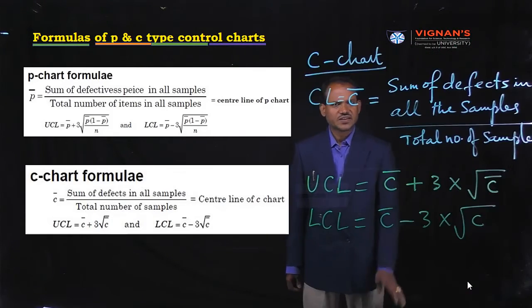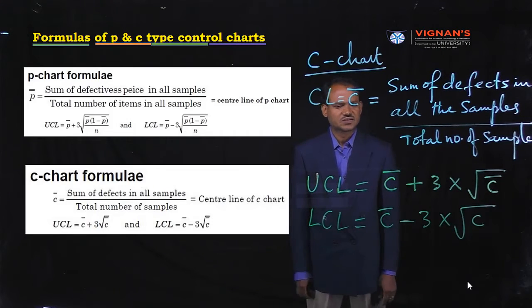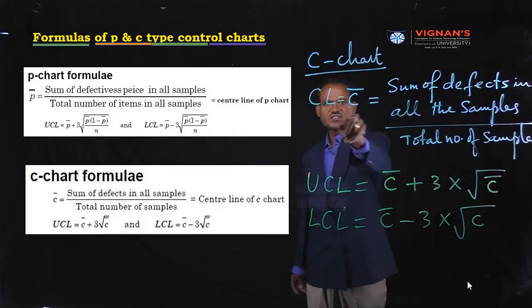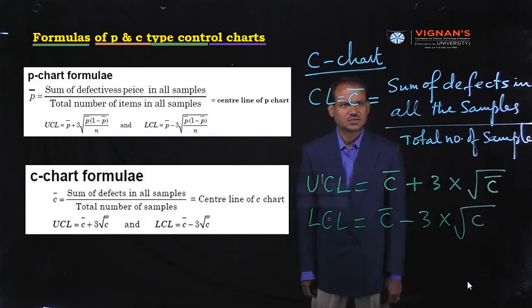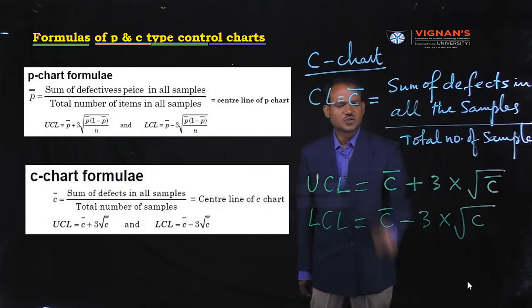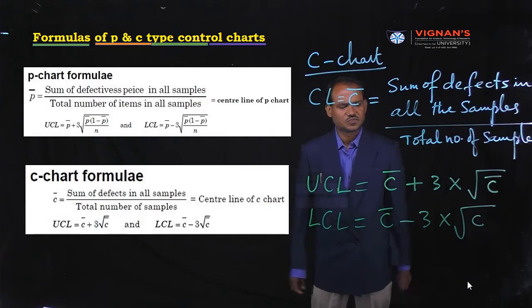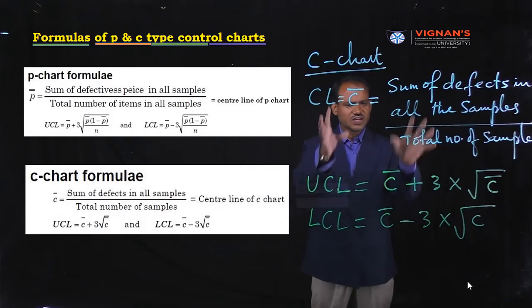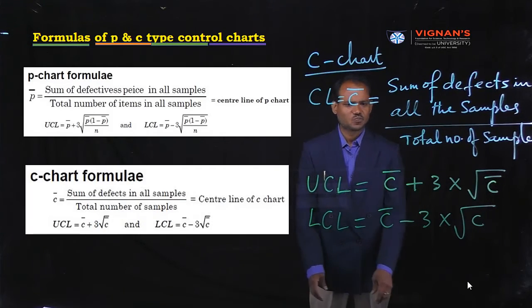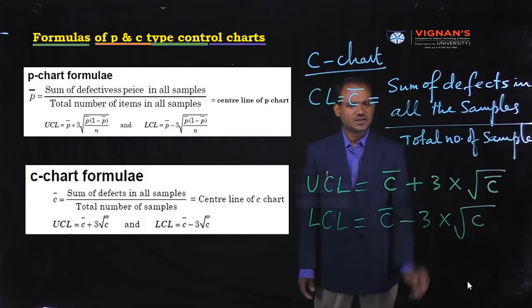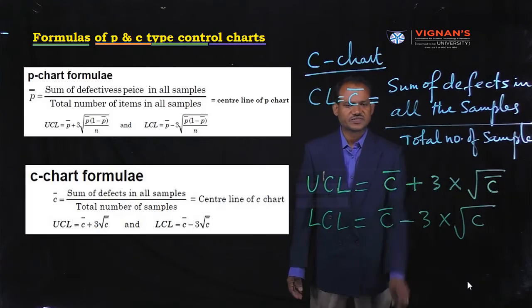Okay, in the case of a C chart, the control limit is C bar. C bar is equal to the sum of defects in all the samples, where the condition is that it is only in one unit, the same unit, divided by the total number of samples.